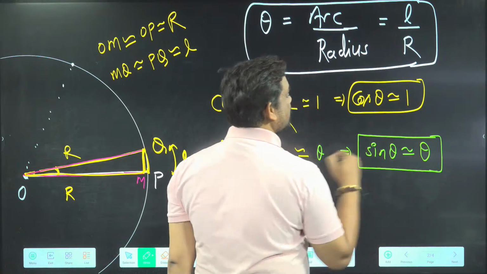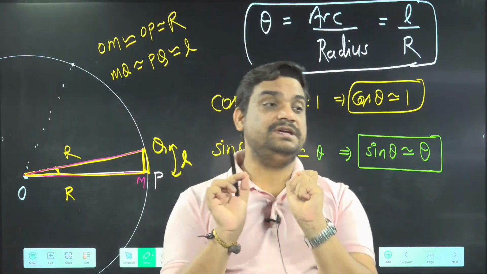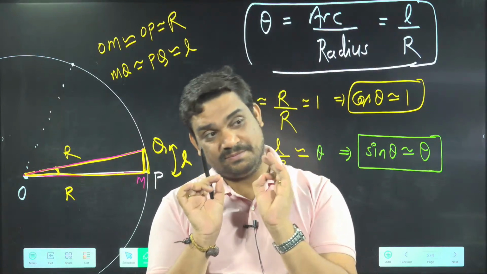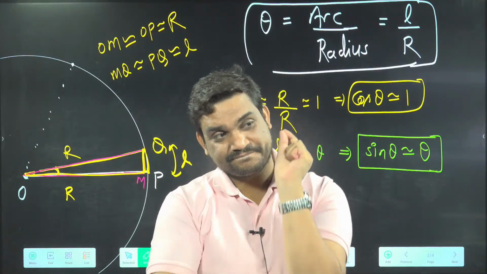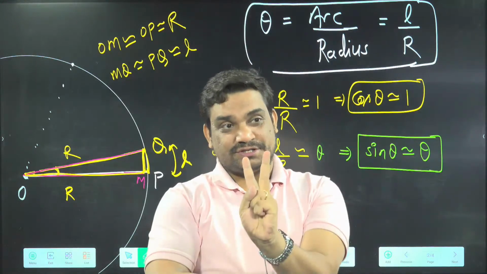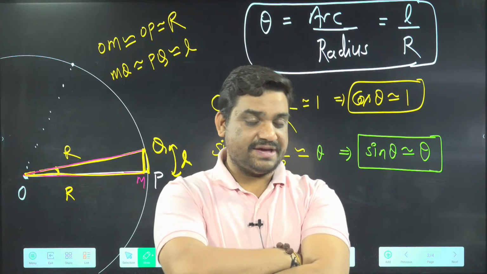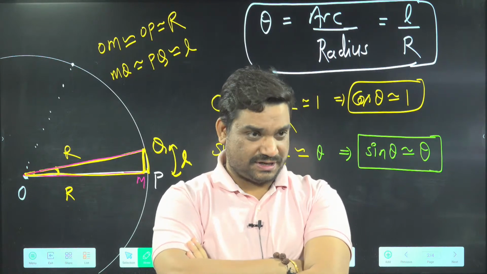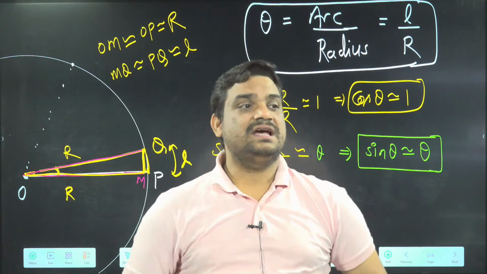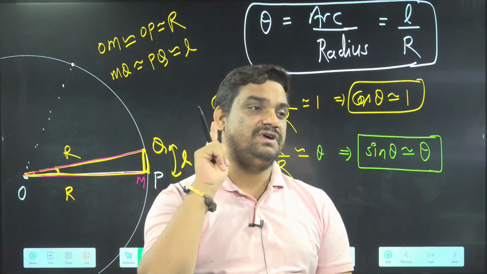Only one condition is there: theta should be up to 10 degrees, and second condition is theta must be in radian. Like if I say sine 1 degree, you can keep sine 1 degree as it is, only this one should be converted to radian.